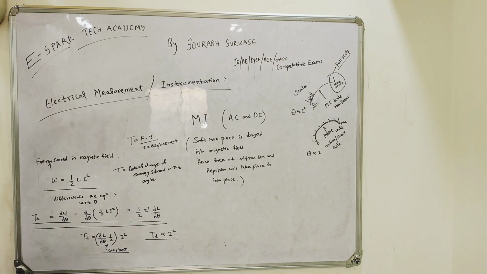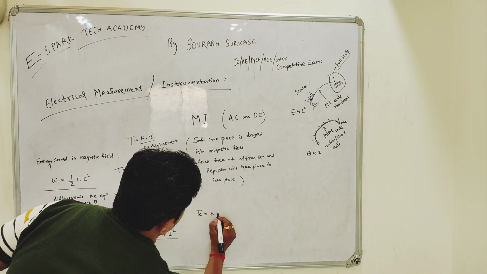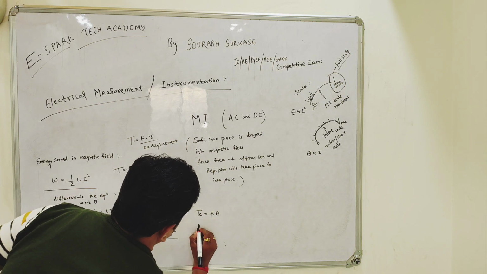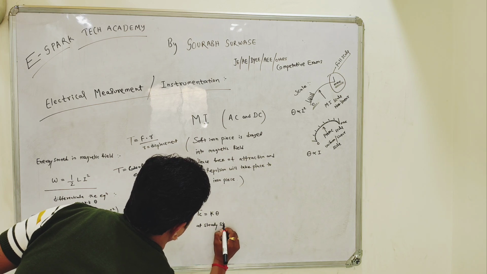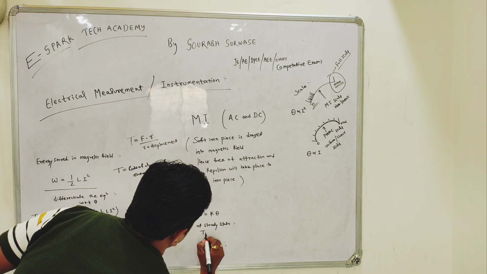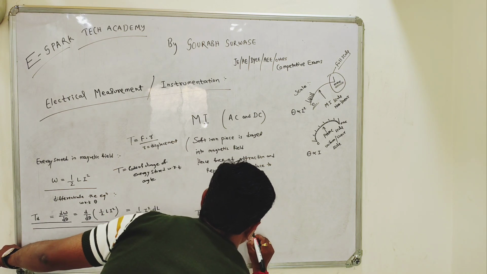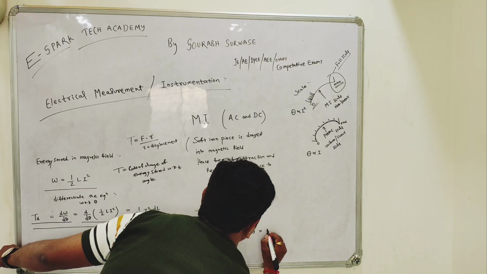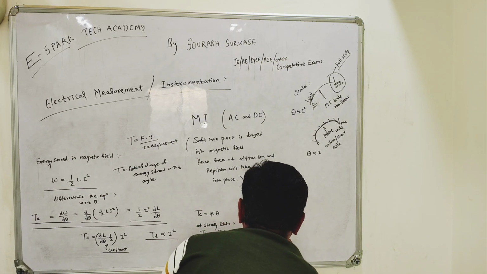And in the same way, you know the controlling torque is nothing but K into theta at steady state. At steady state, Tc equal to Td, hence K theta will be equal to I square.